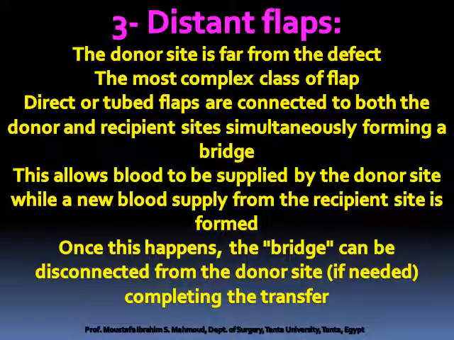This allows blood to be supplied by the donor site while a new blood supply from the recipient site is formed. Once this happens, the bridge can be disconnected from the donor site if needed, completing the transfer.